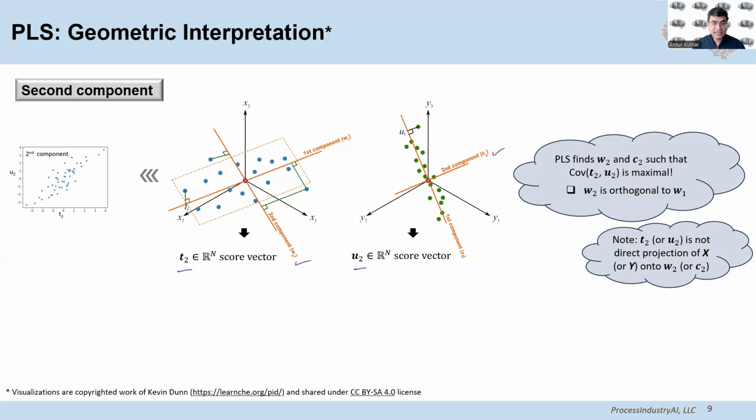In PCA, we had seen that in the X space, the second component was found in such a way that it was orthogonal to the first component. Similarly, in PLS, this W2 is constrained to be orthogonal to W1, but only in the X space. C2 is not necessarily orthogonal to C1.